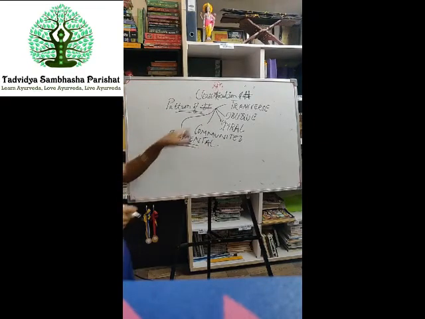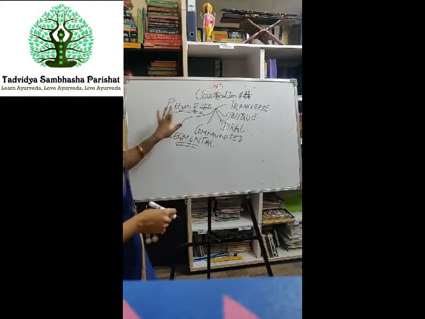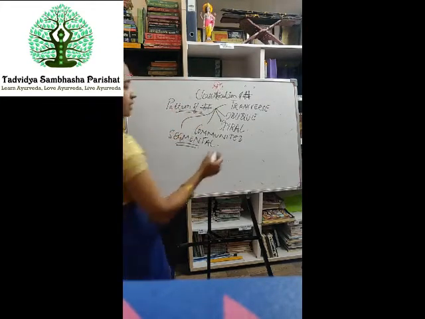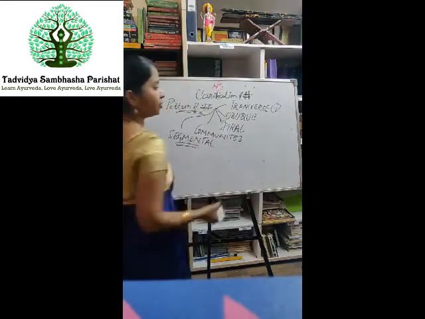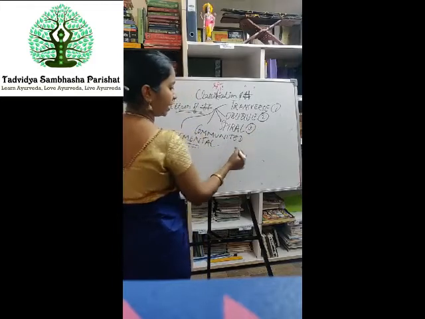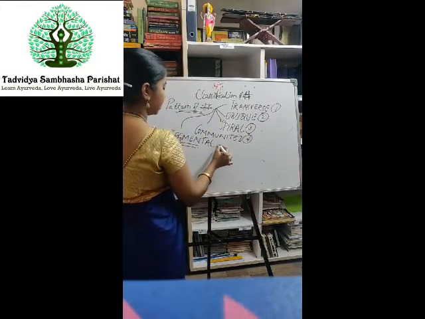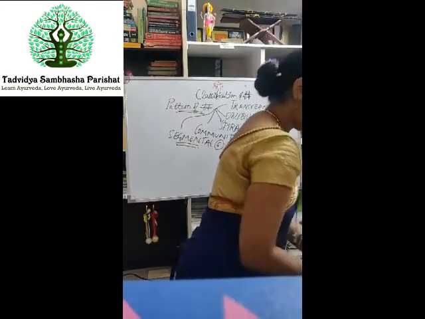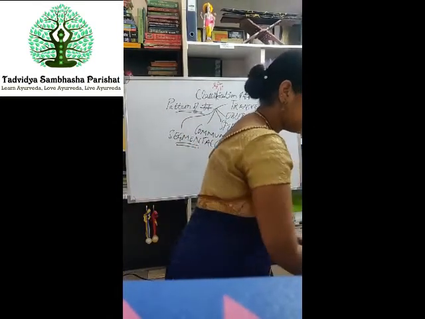So under the classification based on the pattern of fracture, we have 5 varieties. The first one is transverse, second is oblique, third is spiral, fourth is comminuted, and fifth is segmental fracture. Now we will see what each of these means individually.